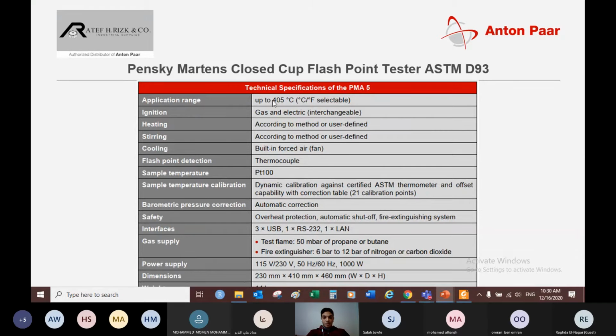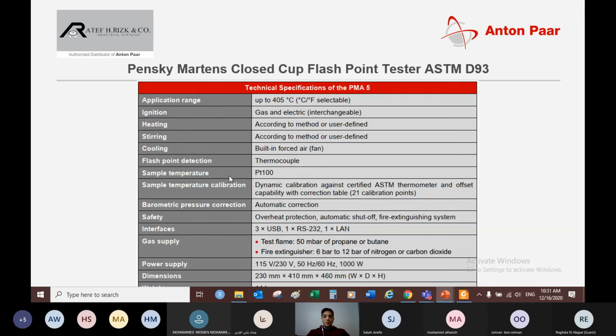It reaches temperatures up to 405 Celsius, and the ignition is gas and electric, interchangeable during the test, and the heating is according to the standard method, and the stirring is the same. The cooling is really fast by a highly efficient air fan, and we have the thermocouple for flashpoint detection.